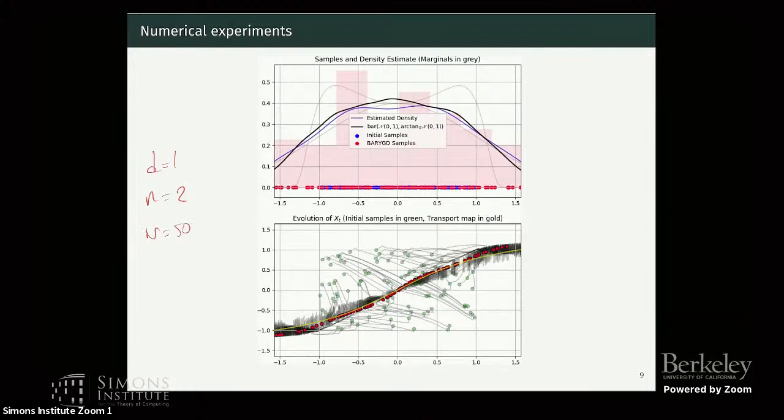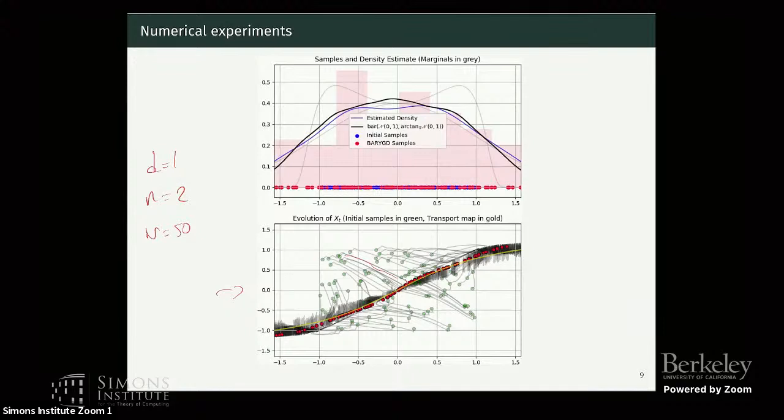We start on this graph at the bottom with the green points, which are the starting particles, and we make them evolve with this algorithm. We see that they go toward this golden line, which is the optimal transport between the two marginals.